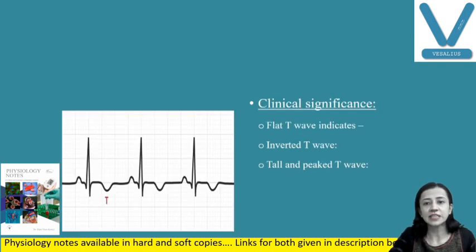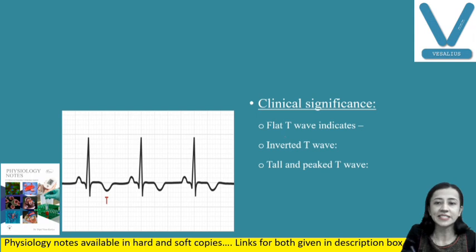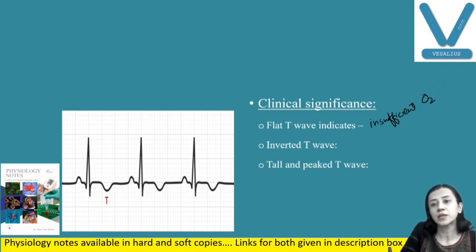Now what is the clinical significance of the T wave? If you have a flat T wave, it indicates insufficient oxygen supply to the heart muscle, myocardium. Sometimes in old age also you can find this flat T wave.